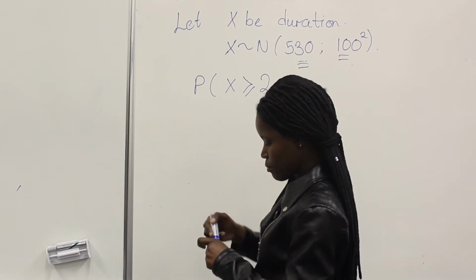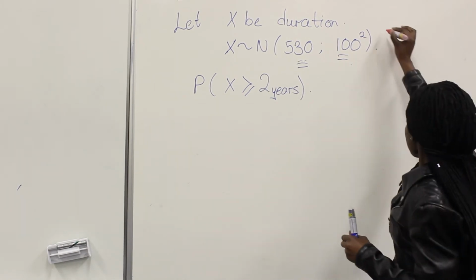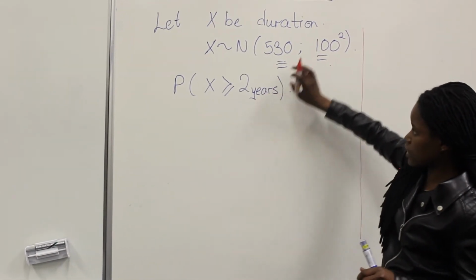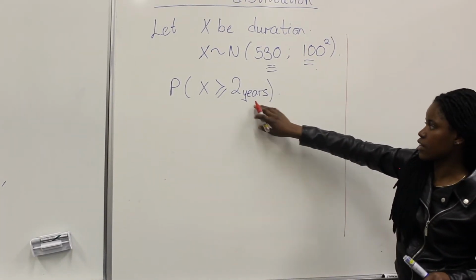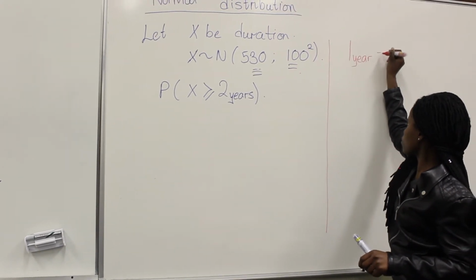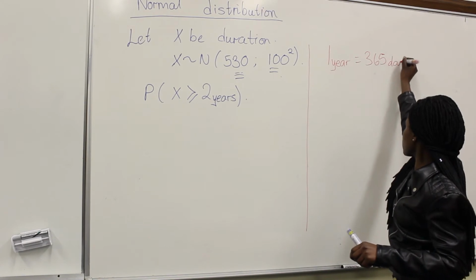Now, the trouble comes when we have to convert a few things. This is 2 years and this is 530 days. The connection is that 1 year is equal to 365 days.